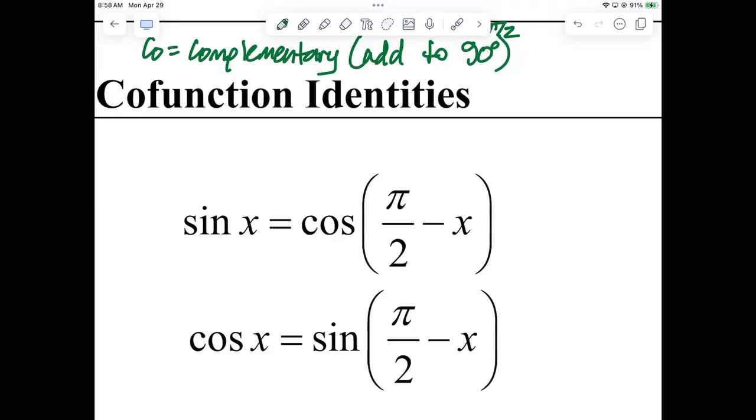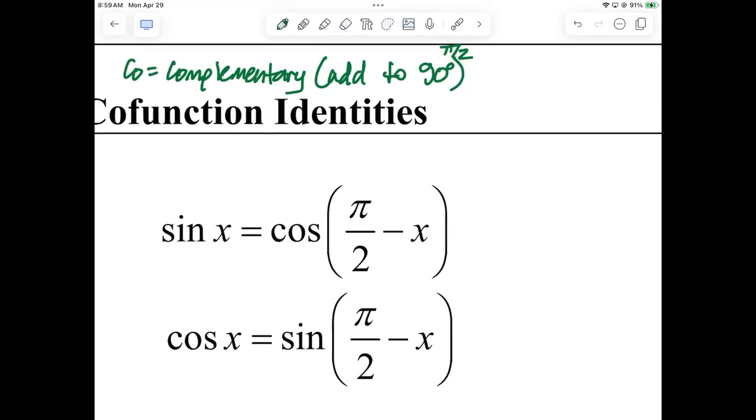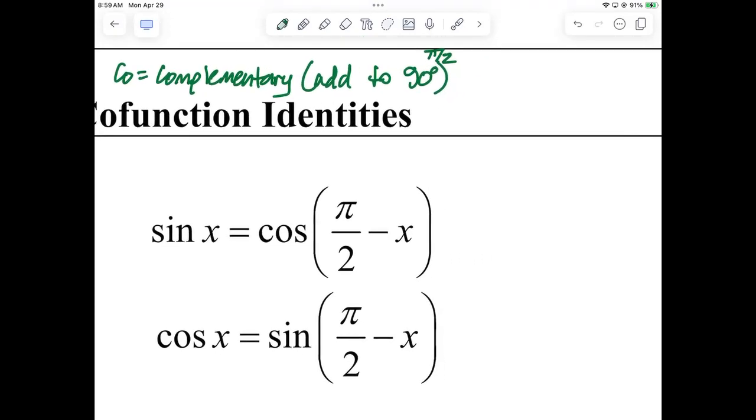It works the other way around too. Cosine of x is equal to its cofunction sine of the complement of x, which is pi halves minus x. That's how we get pi halves minus x. That's the complement of x. So cofunctions at complementary angles have the same ratio. Here's an example. What's sine of 30 degrees?